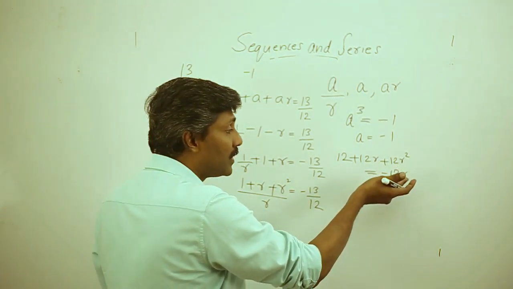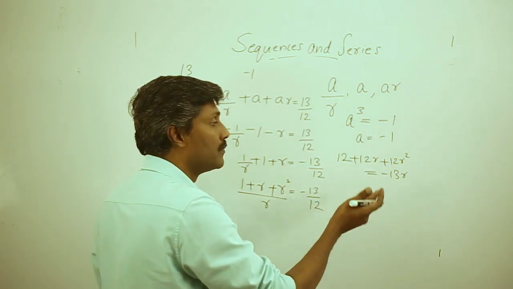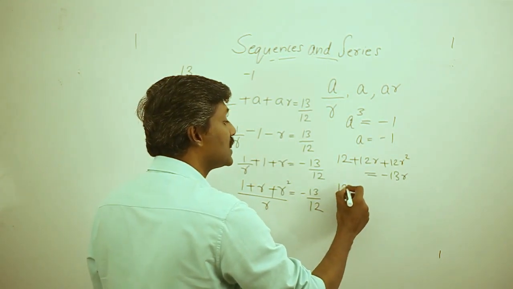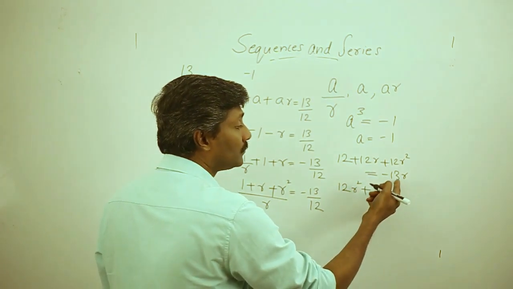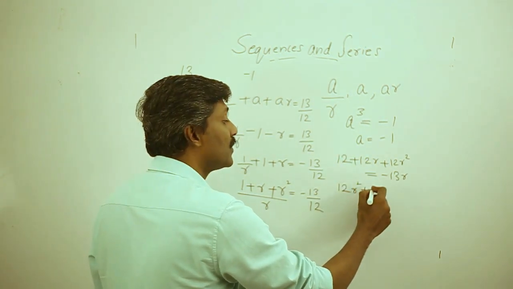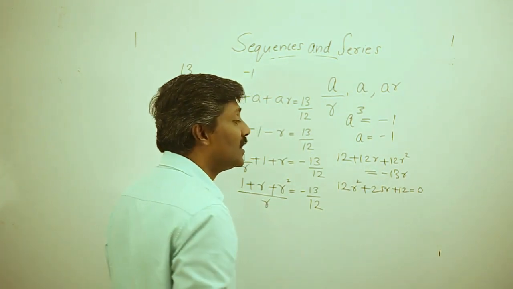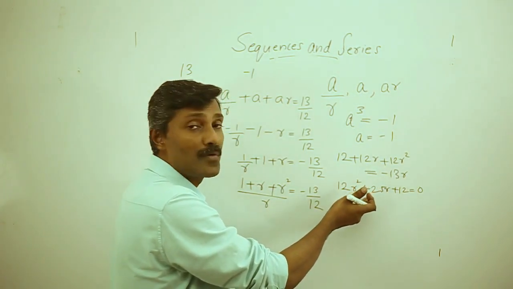Now we take this minus 13r to the left side, and it becomes positive. Writing the r square term first, this becomes 12r square plus 13r plus 12r, which is 25r, plus 12 equal to 0. So clearly we get a quadratic equation in r.